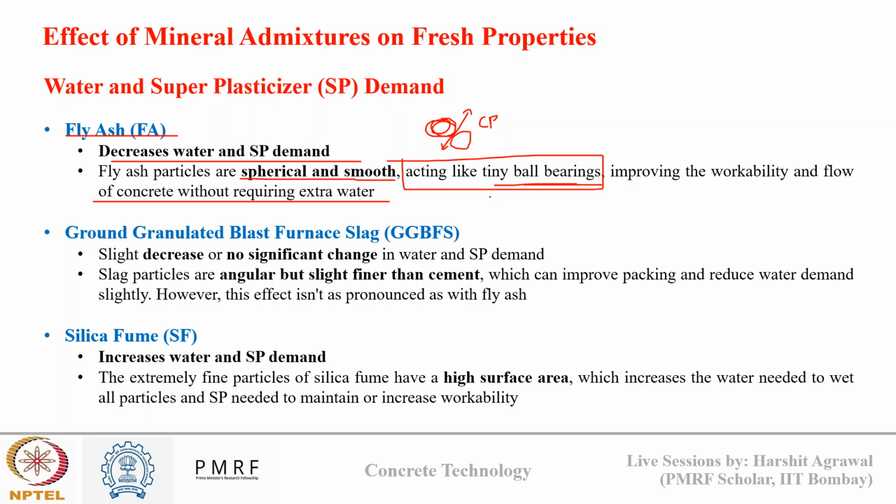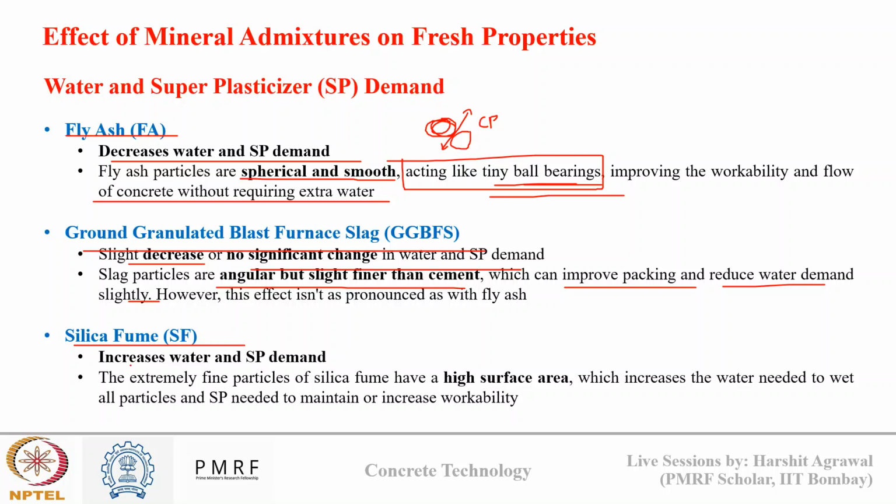And this is known as the ball bearing effect. Okay, while ground granulated blast furnace slag can slightly decrease or may cause no significant change in water and SP demand because of its angular and finer nature than cement, which can improve the packing and reduce water demand slightly. However, this effect is not as pronounced as fly ash.